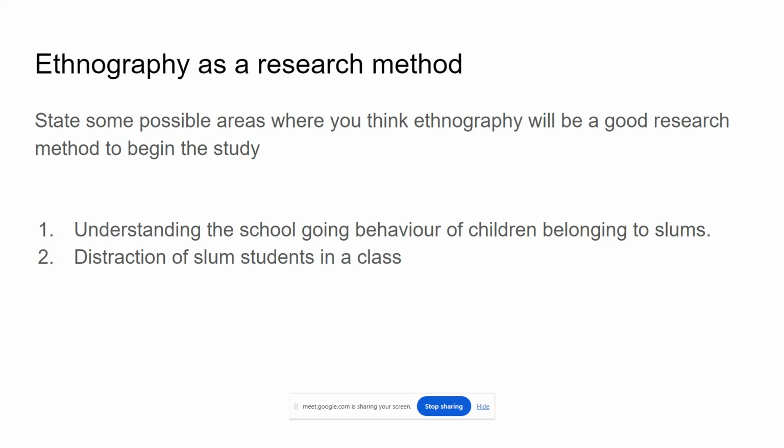You may just go and do a thematic analysis of this, but again in that you might not be able to get the full idea of how children perceive schools, or what relationship they build between a slum and a school when they go to a school.